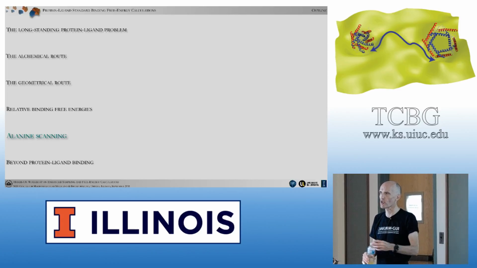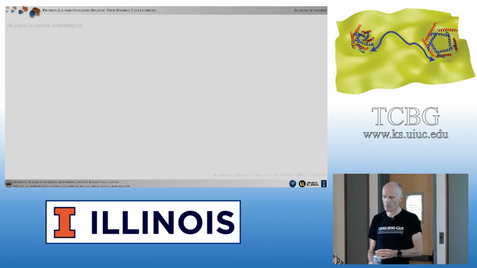It's the general workshop, not the special one. They wanted to do this alanine scanning experiment in silico, but without the need to learn statistical mechanics and really have a deep understanding of how to run the simulation.